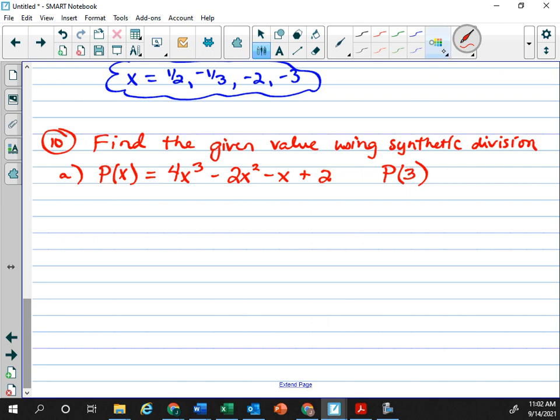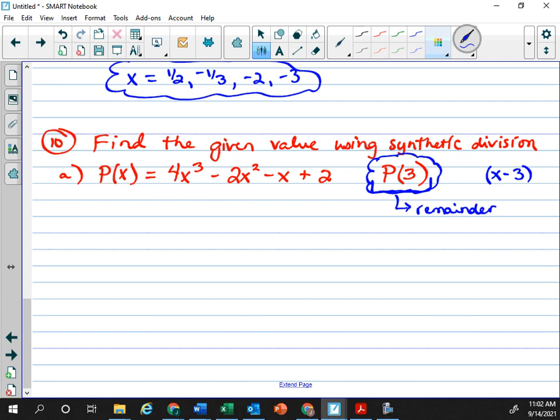What you're going to do with this then is use synthetic division, and what does this represent? You were dividing by x minus 3, but which number from the division does this represent at the end? The remainder, yeah. So guys, this is asking you to find the remainder.